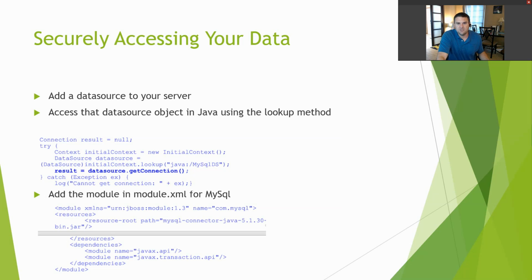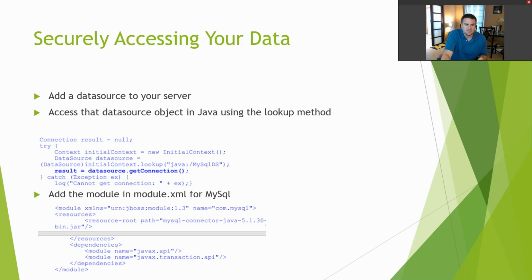Now you have 100 places you have to go to manage that. So it becomes unmaintainable. So you set your data sources up on the server. You add them either through the admin console or through your config.xml.